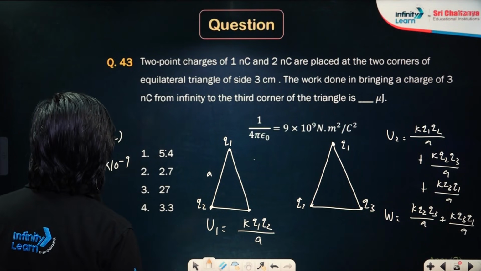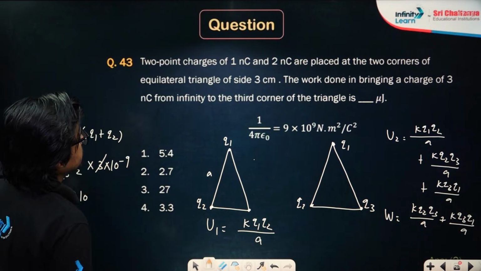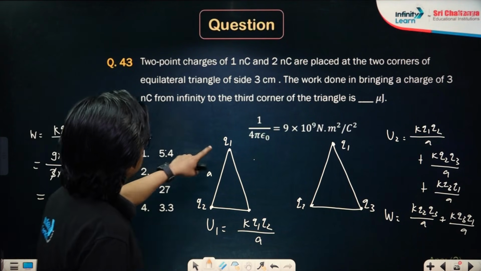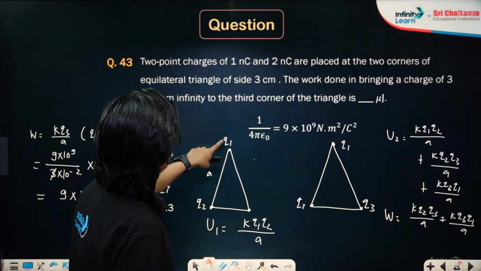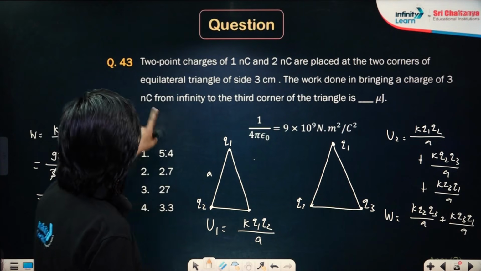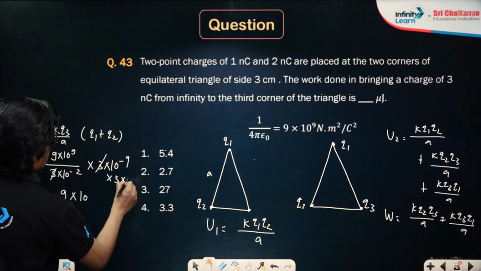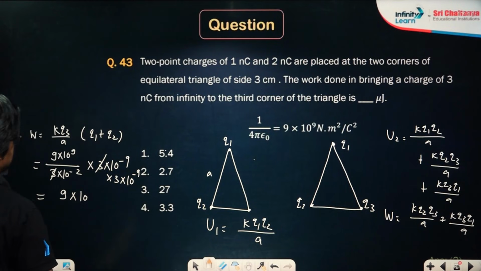I have not put the value of Q3 actually. Q3 is that third charge; Q1 and Q2 were both present earlier, so 1 plus 2, 3 nanocoulomb, and the third one is 3 nanocoulomb, so I have to also multiply by 3 into 10 raised to the power minus 9.